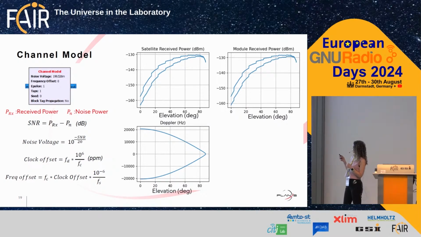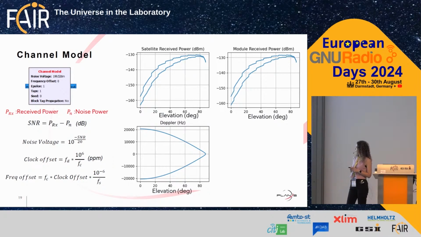So for the two figures, it is expressed that elevation increases means the satellite approaches, and elevation decreases means the satellite moves away. So it describes one satellite pass.